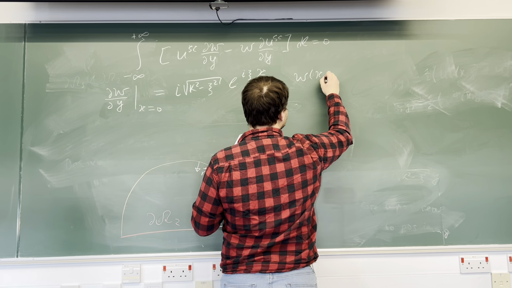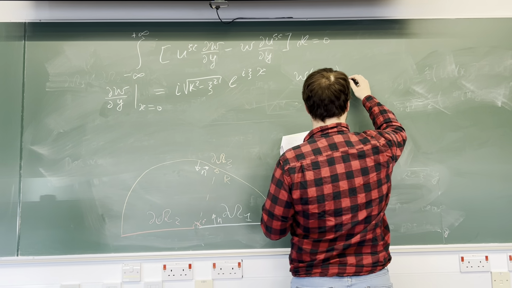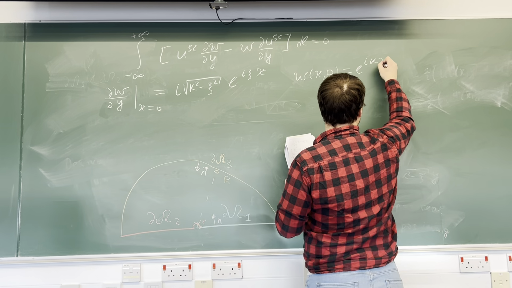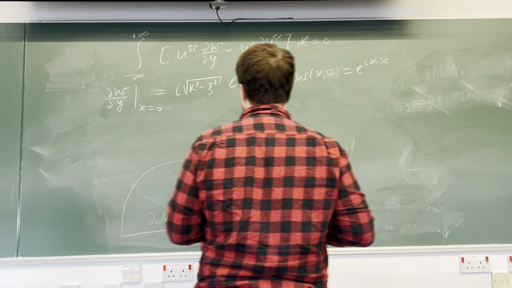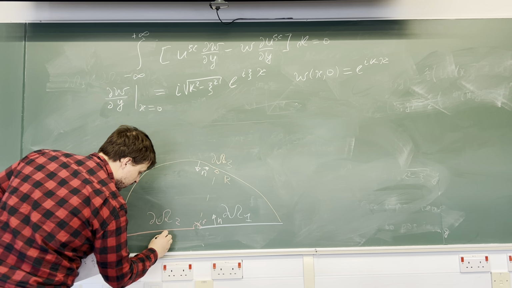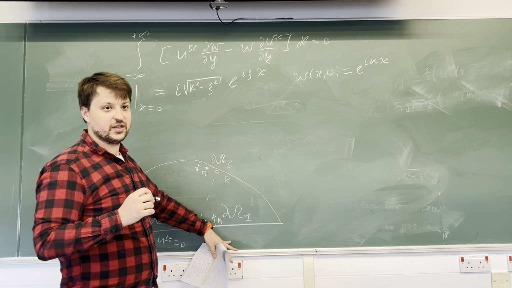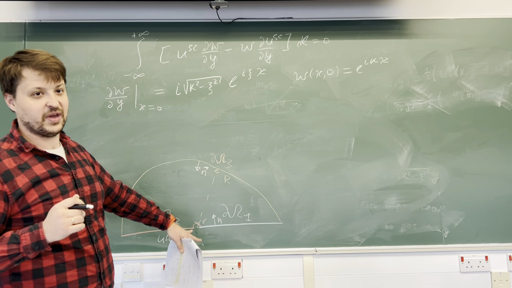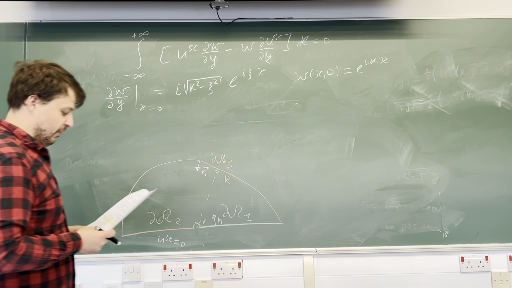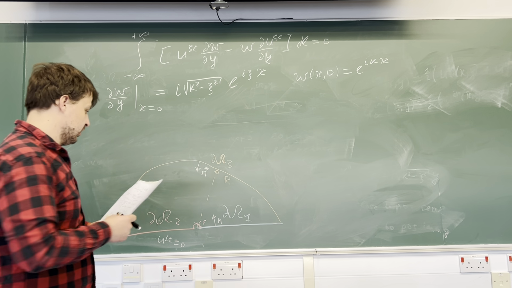As I said, the incident field itself reduces to a plane wave. What else do we know? We know that U scattered here is 0, and here we have an expression in terms of the plane wave for the normal derivative of the scattered field.